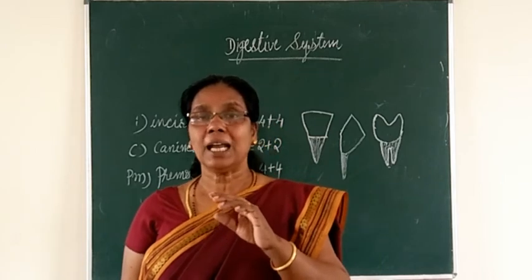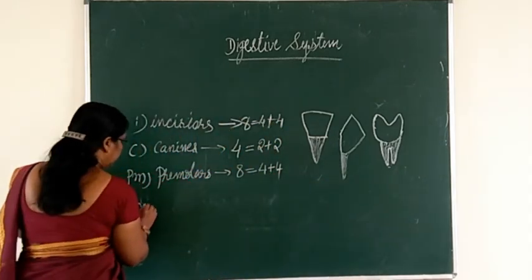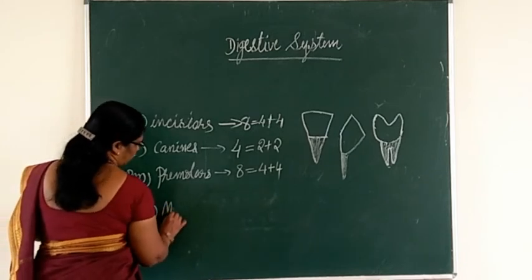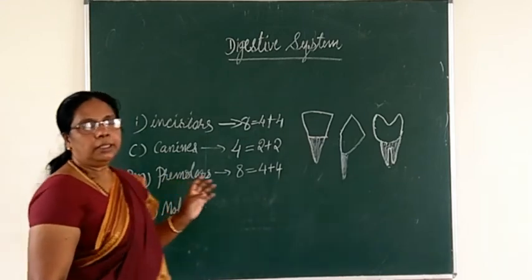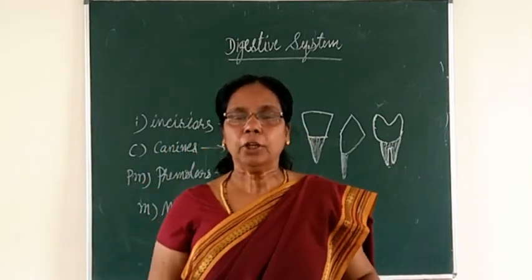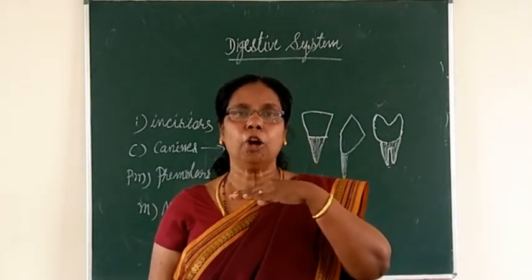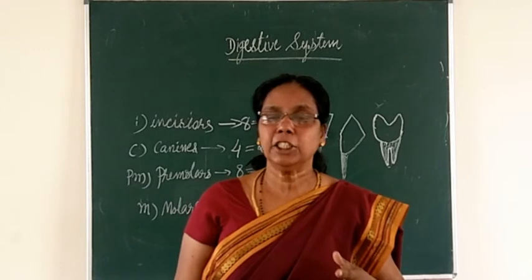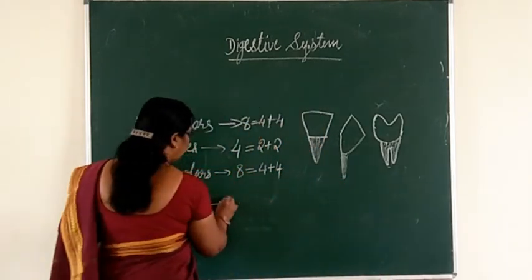Next comes the last one, that is molars. So these molars you can see in the last part. In the upper jaw 6 are present, and in the lower jaw another 6 are present. So here 6 plus 6, that is 12.